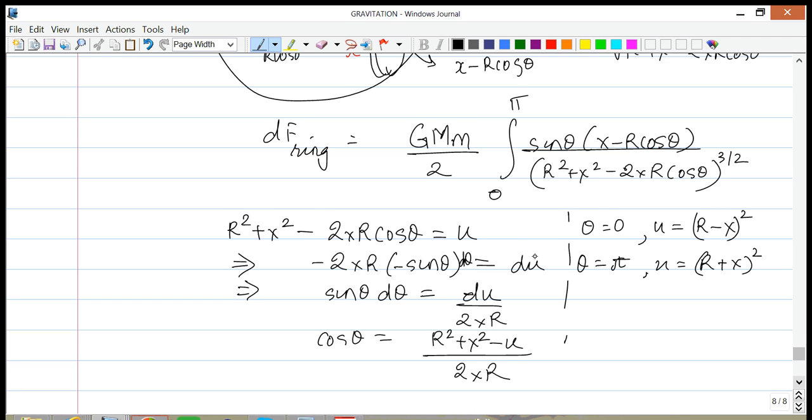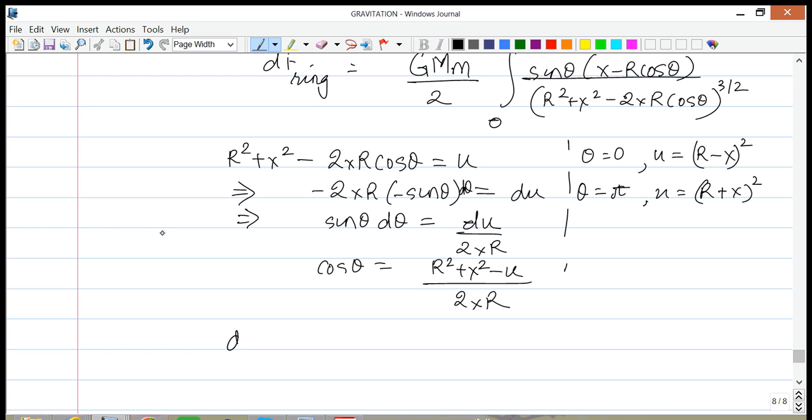Great. So we have all our components, and now we can plug it into the force for the ring. Okay, we shouldn't be writing F ring anymore. It should be the total force. So the total force will be G M m over 2 times the integral from r minus x the whole square to r plus x the whole square.